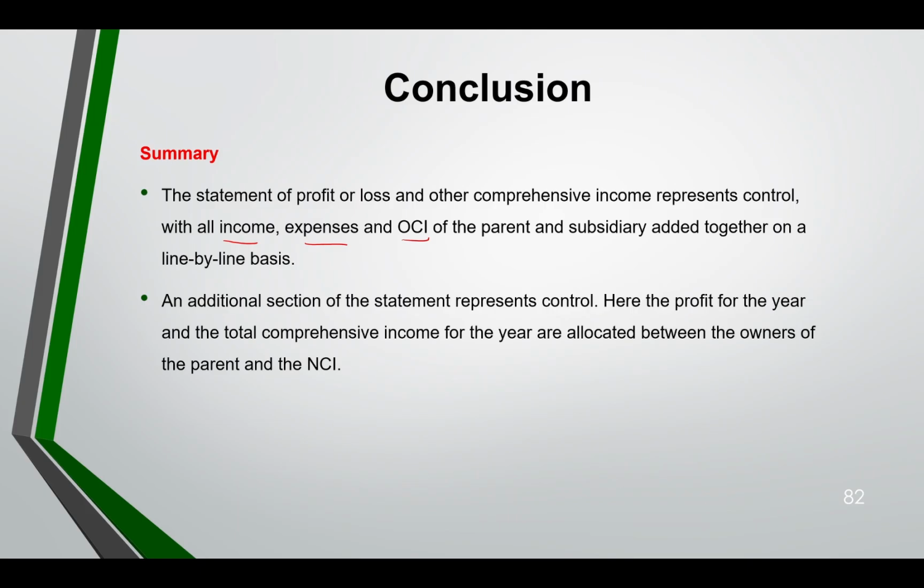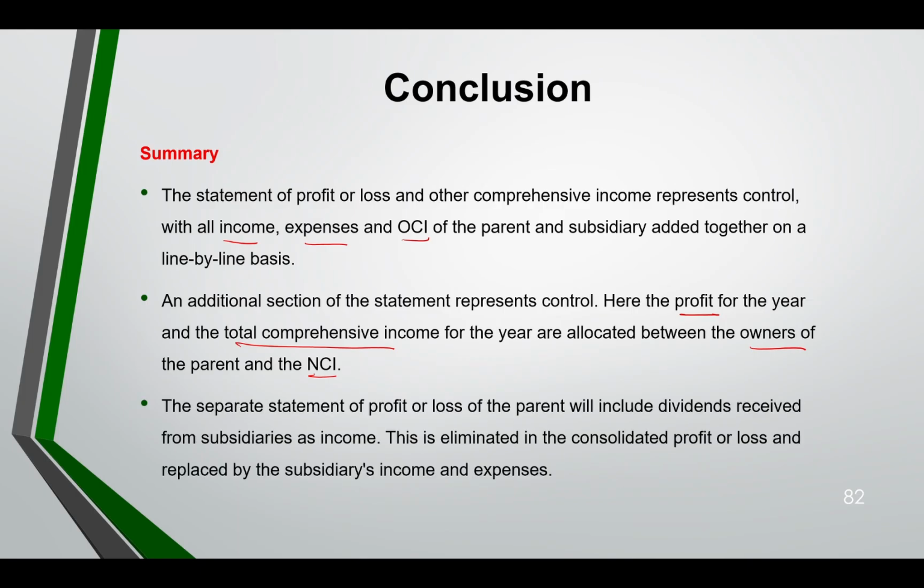Here the profit for the year and the total comprehensive income for the year you will allocate among the owners of the parent and NCI. Two things you will allocate: profit and total comprehensive income, TCI, not your OCI, not other comprehensive income. With OCI you will add it to profit and then allocate between the parent and the NCI.